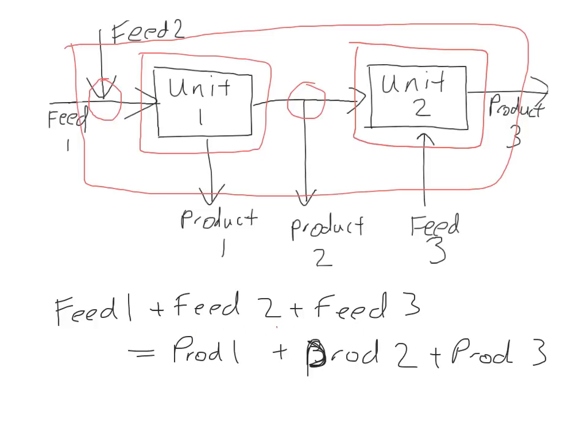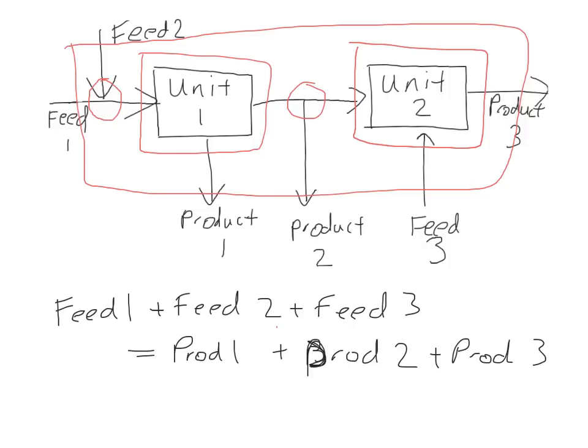Depending on how I draw my boundary, that will determine what the material balance equations are. For instance, when I'm drawing my boundary around this mixing point right here, I only have this inlet and these two outlets.